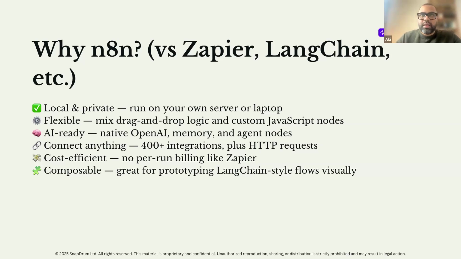It's relatively cost efficient. It's not like Zapier where you get billed for every run. You can get a subscription, and based on that, it's a relatively fixed price. Obviously, there are limitations, but up to a certain level, the cost will be constant for you.